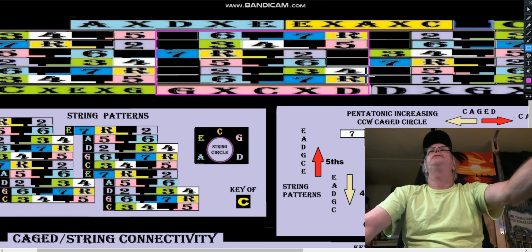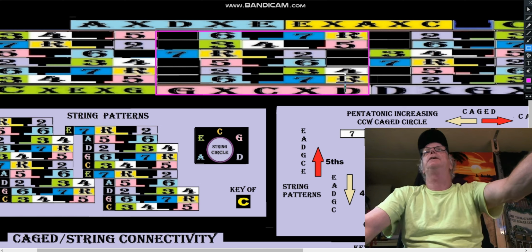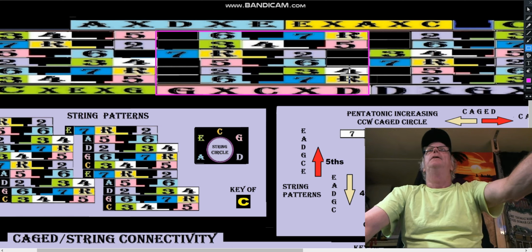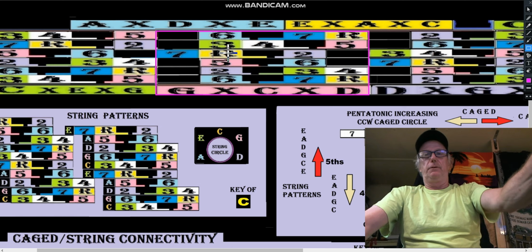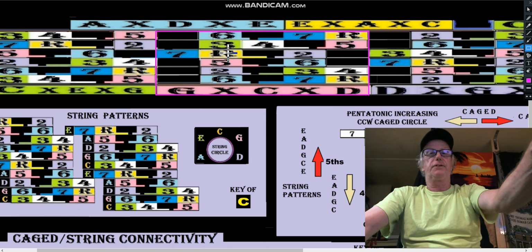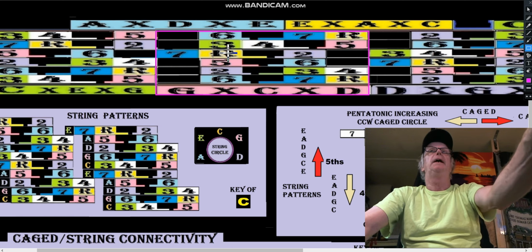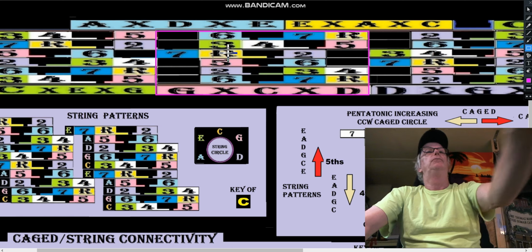Going to the C shape is the same as G, it's just a second inversion on the bottom. So it would go root 4 6 root. Now 4 6 root: the 4th of C is F, the 6th of C is A, and root is root.